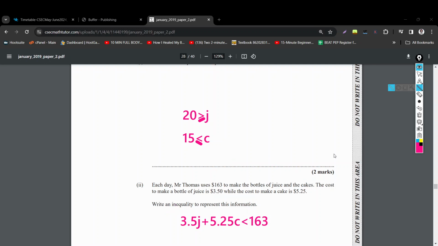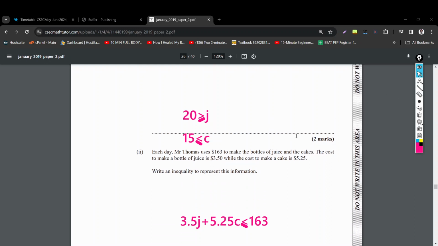It can't go past the $163, right? So less than or equal to 163. All right. So that's actually pretty easy, these inequalities.